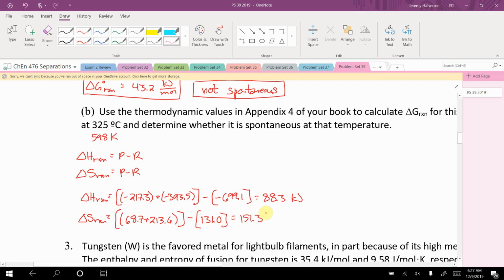And 151.3, and these were in joules per Kelvin.